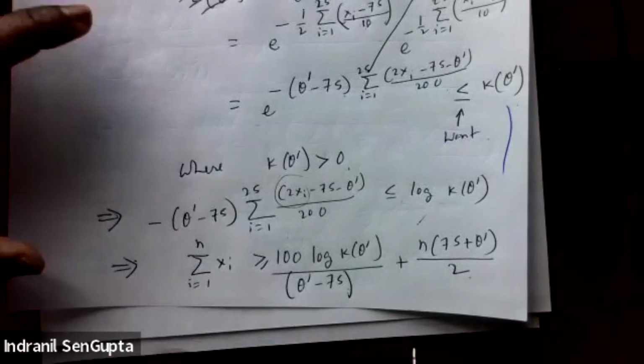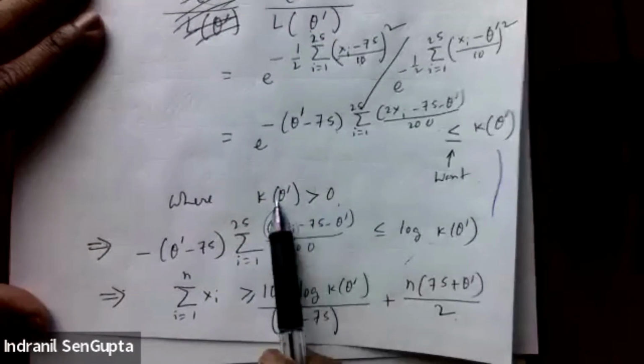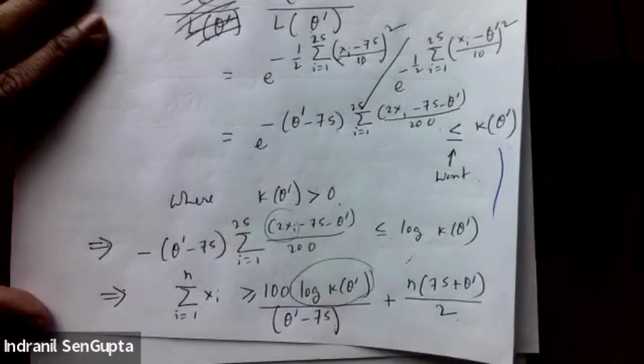So that is the quantity we are getting. Please note that this k of theta prime is bigger than 0, but it may be less than 1. So consequently, this number can be positive or negative, right?